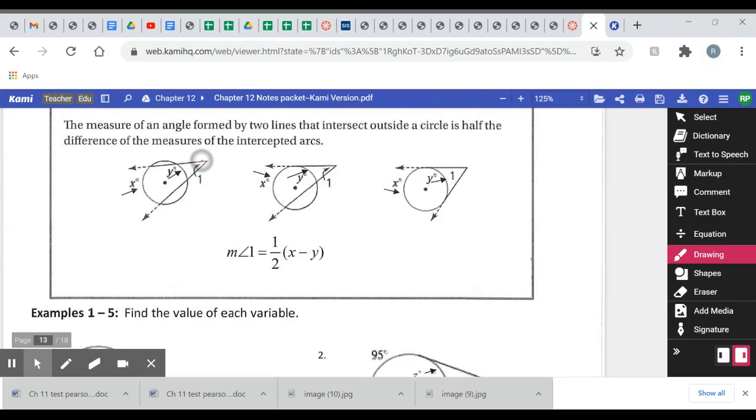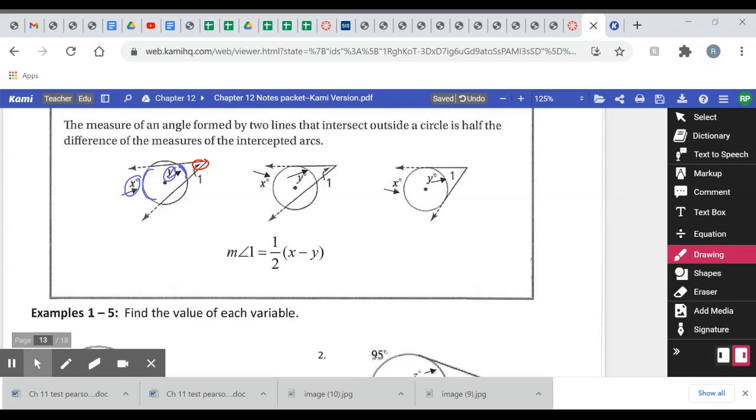So if we look at this, it says angle 1, this little angle out here, is equal to 1/2 of this arc X, which goes from here to here, minus Y, which goes from here to here. So instead of averaging them and adding them up, you're subtracting the two arcs, the biggest one, the furthest one away, minus the smallest one that's closer to the angle we're dealing with. And so you've got to remember to subtract.